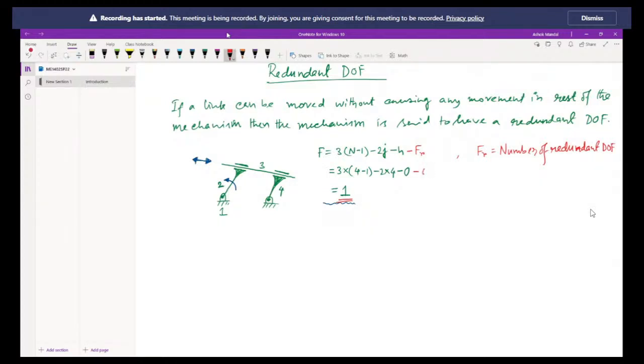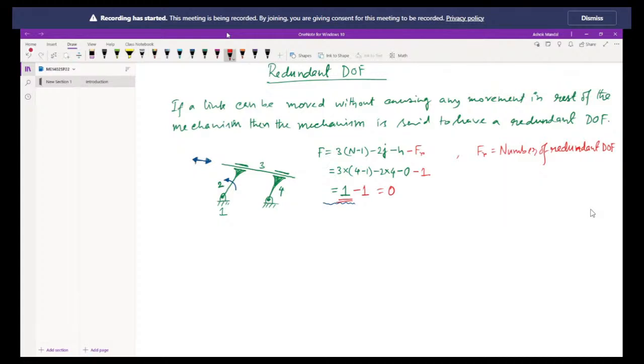When you subtract this 1, you have 0. So when you try to find the degree of freedom of a mechanism, you need to look at whether there is any redundant degree of freedom.